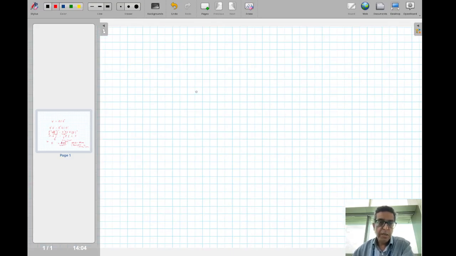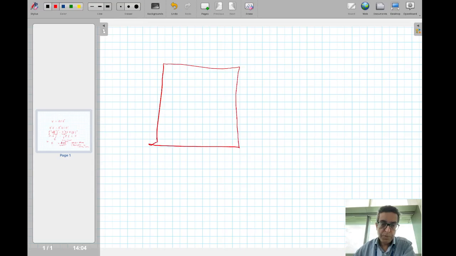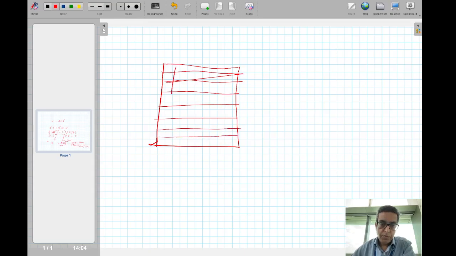So the way that the transform works is, here is our image array, and so we have our lines which define our pixels.